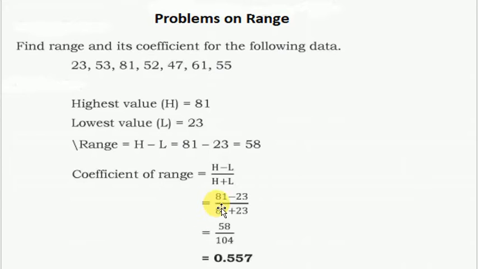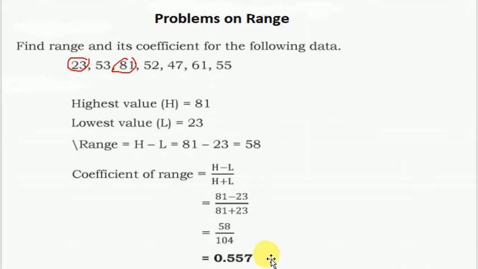Here the highest value is 81 and the lowest value is 23. So highest minus lowest is 58, and highest plus lowest is 104. Divide 58 by 104, it is 0.557, that is 0.56.